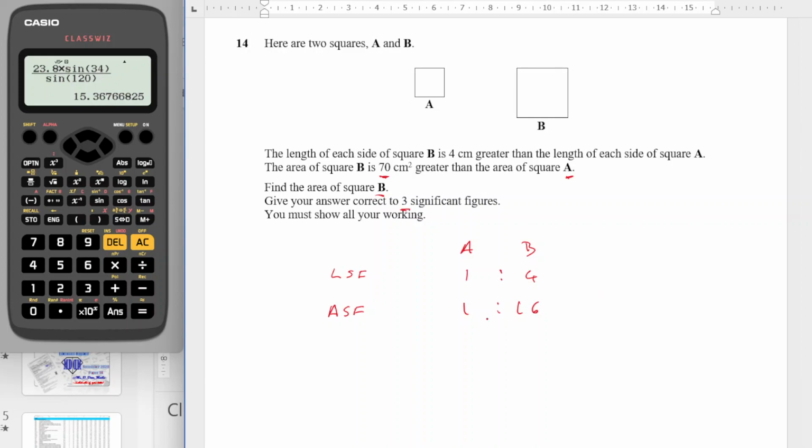So there are 17 parts. This square B has actually got 15 more parts. So if I do 70 divided by 15, that's going to give me 4.6 or 4 1/3.